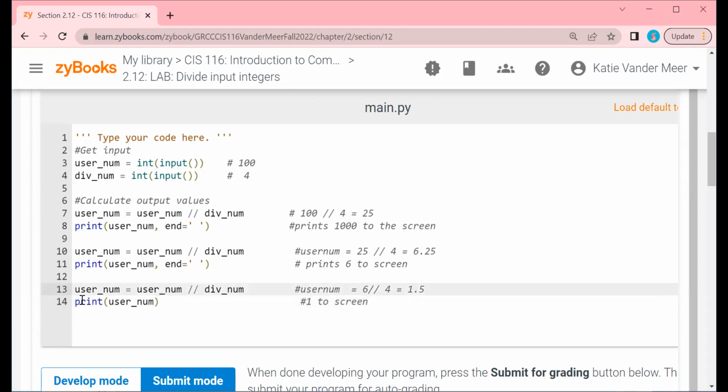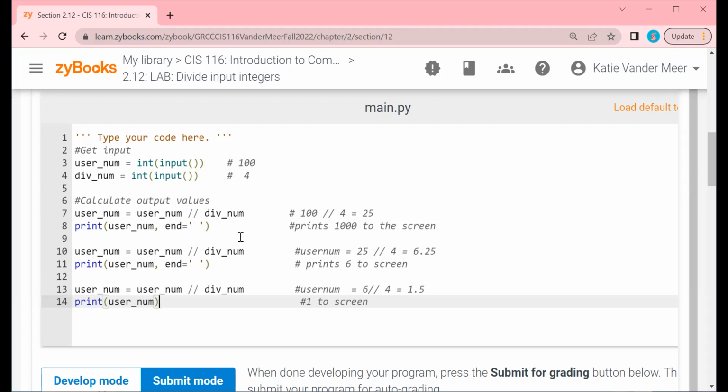So if you just said print user num, at the end of that it does a return by default. If you don't want a return and you just want a space between the two, you have to add the end equals space. That basically says print's not going to act as it normally does, and it's going to supply a space after it prints what I'm asking it to print instead of a return.